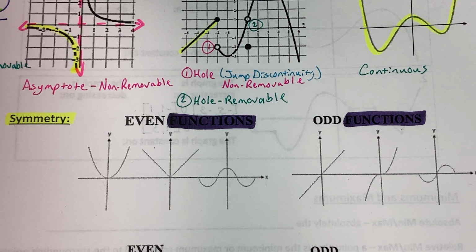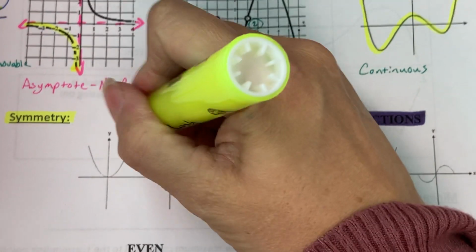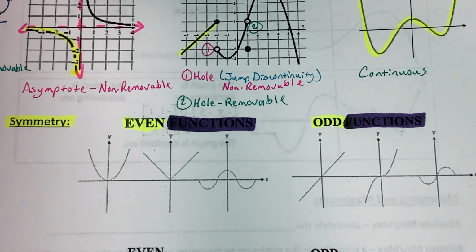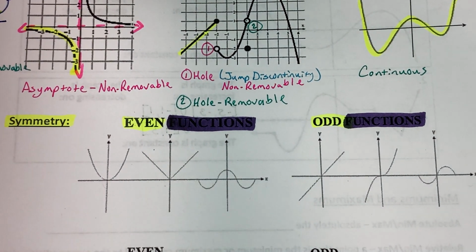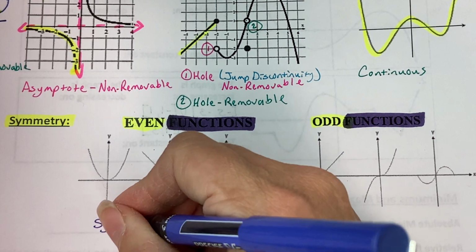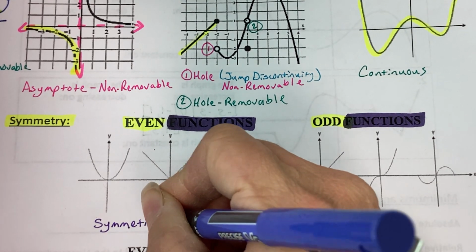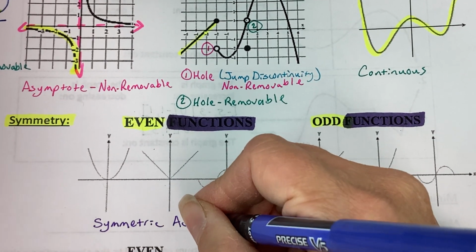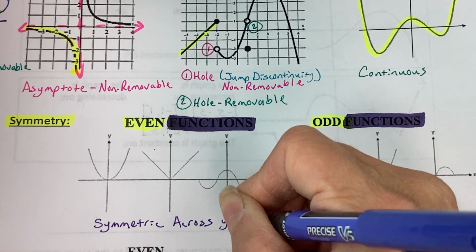This is really just even and odd symmetry of functions. So we're going to go ahead and see how these formal definitions apply to our functions. So our first one, even symmetry, means symmetric across the y-axis.